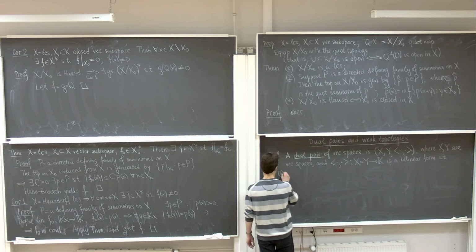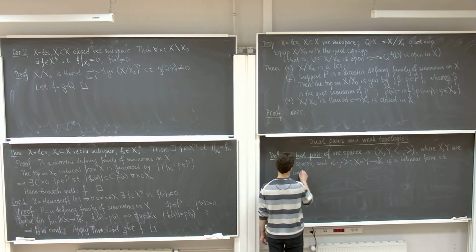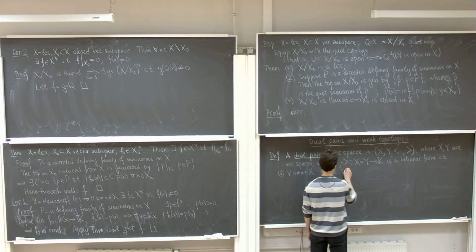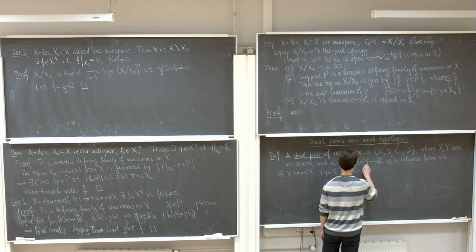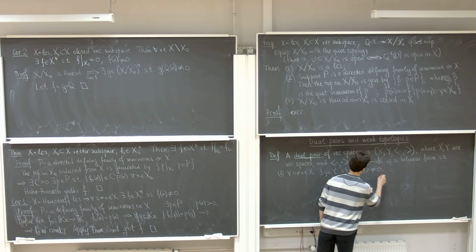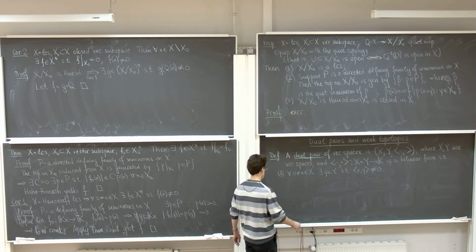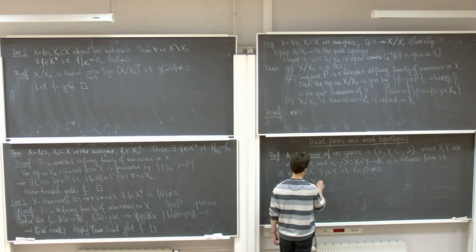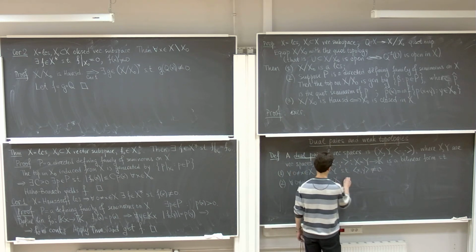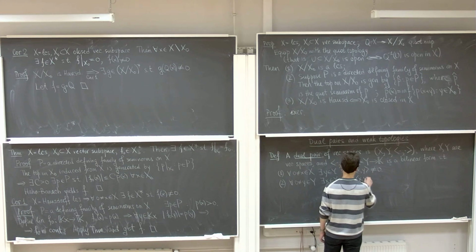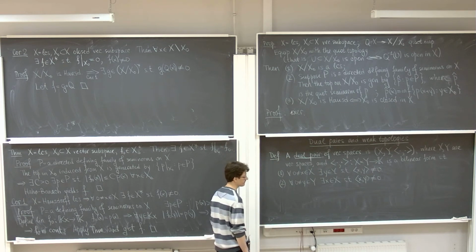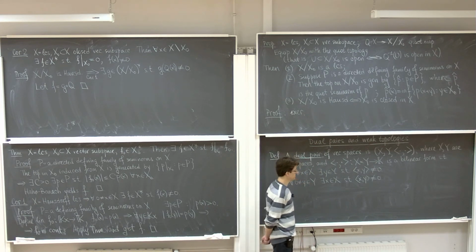First, for each non-zero element x in the first space, we can find an element in the second space, little y, such that this form doesn't vanish at x, y. And the second condition is symmetric to 1. So for each non-zero element little y in Y, we can find an element in X such that the same condition holds. So this is the definition of a dual pair.